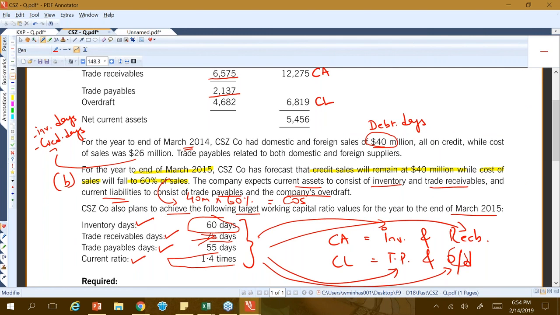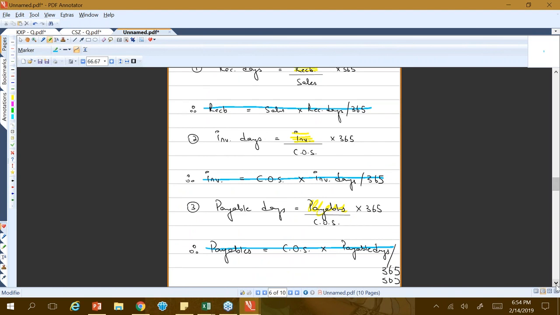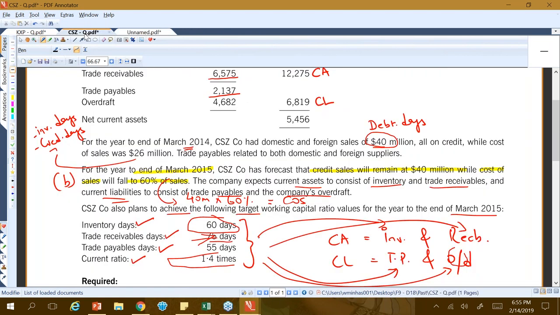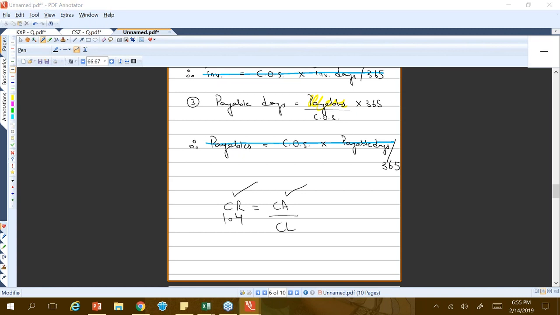So let me just give you this now. If I know that the current ratio is current assets over the current liabilities, and I already have the current ratio given to me in the question, which was 1.4, and I have now calculated my current assets, can I just rearrange this to find the current liabilities? Yes, we can. So the current liabilities will be the current assets over the current ratio.